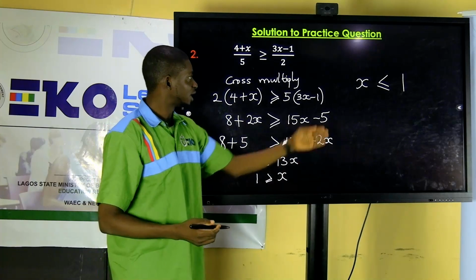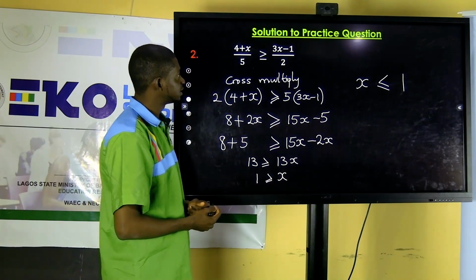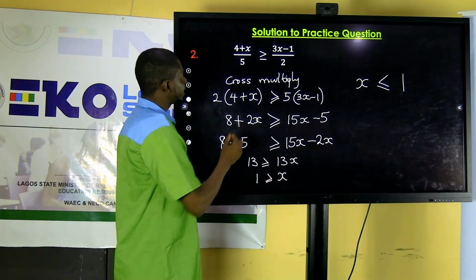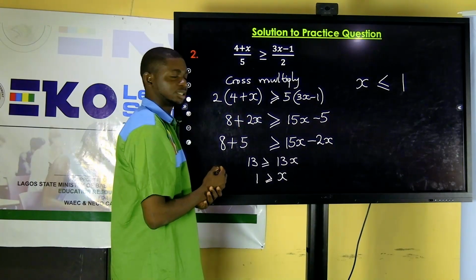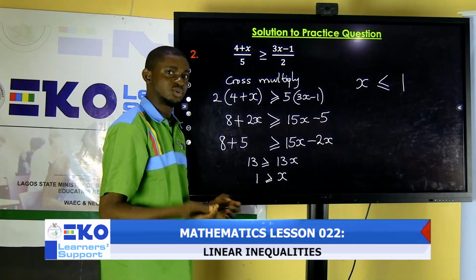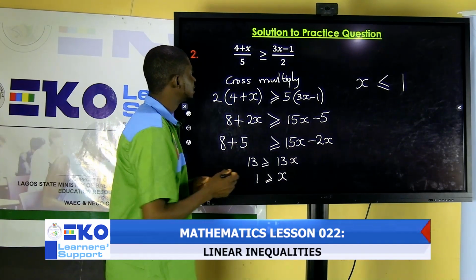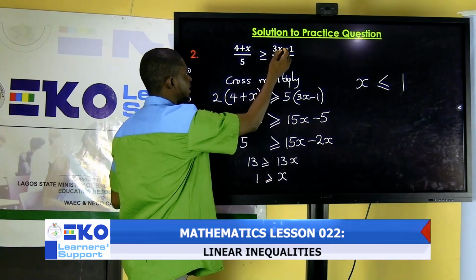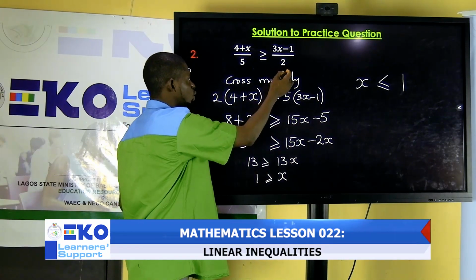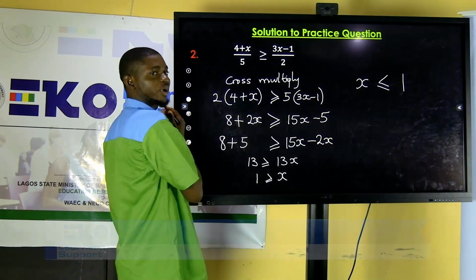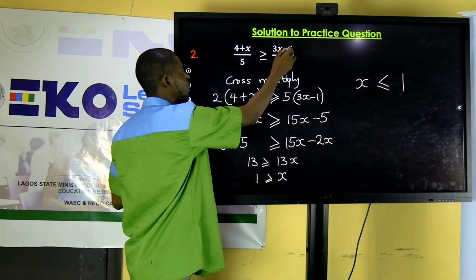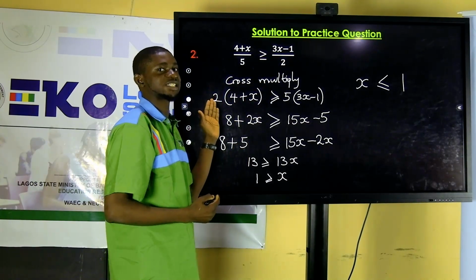All right, now we understand this. However, let me point us to something. Here, I cross multiplied. Like I said earlier, it is not always advisable. However, if you are using that format, once you multiply this by this, let it go to that side. 2 cross multiply to this side, let it come to the right hand side. Don't make the mistake of saying 5 multiplied by 3x minus 1, you now keep that at the left hand side here.